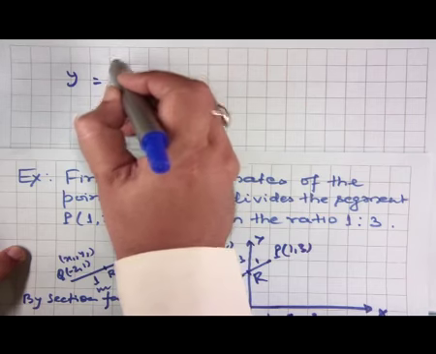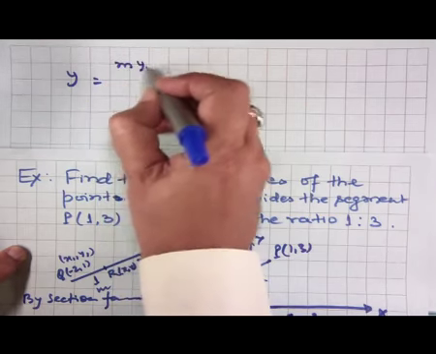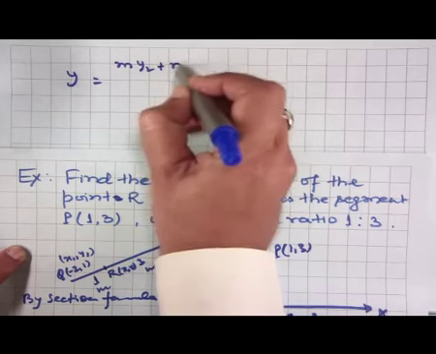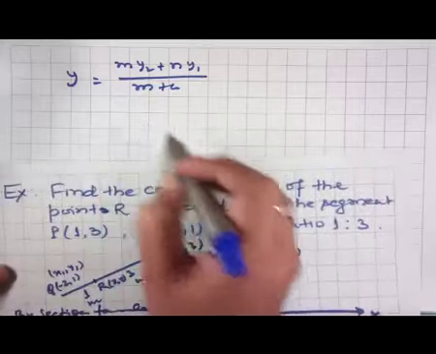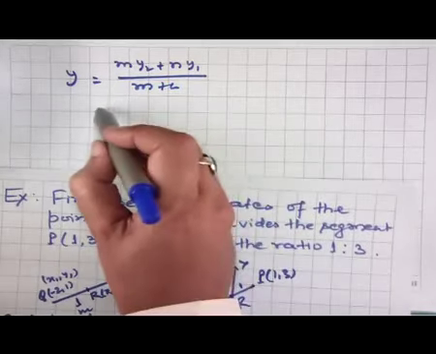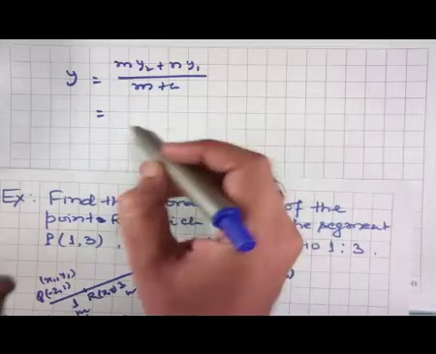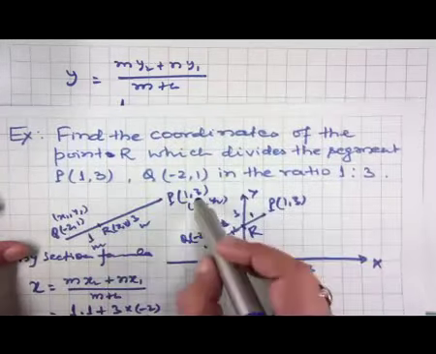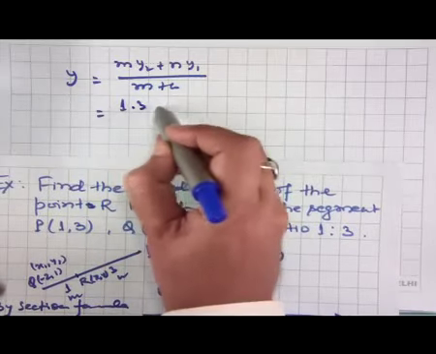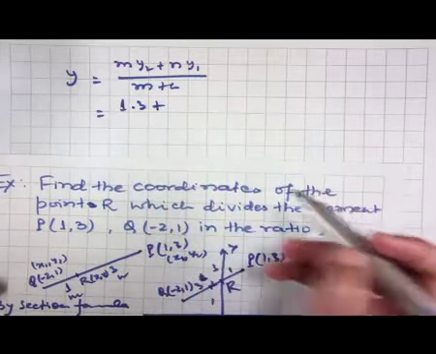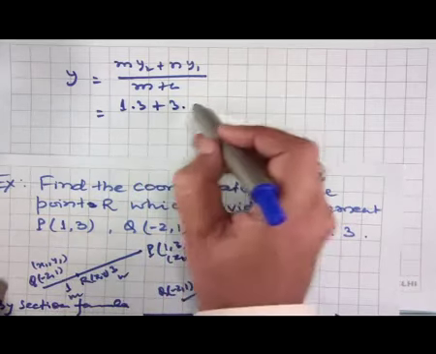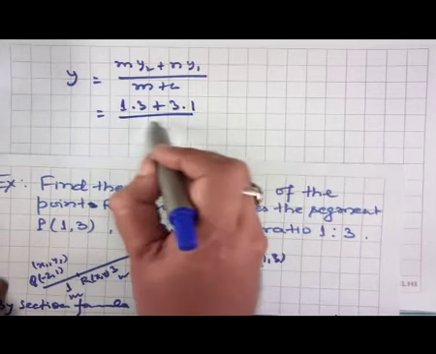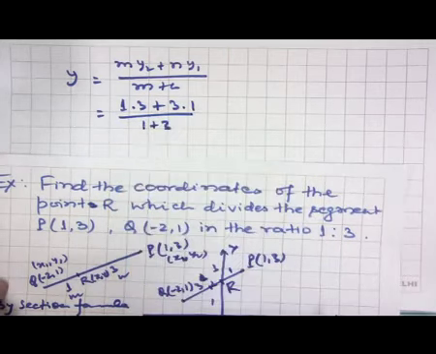So (m y2 plus n y1) by m plus n is equal to (1 into 1 plus 3 into 3) by 1 plus 3.